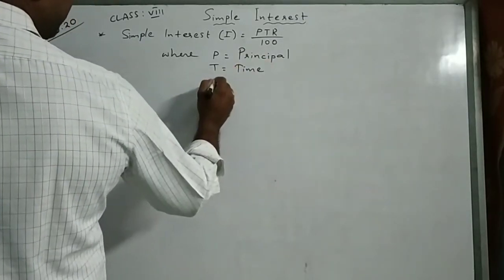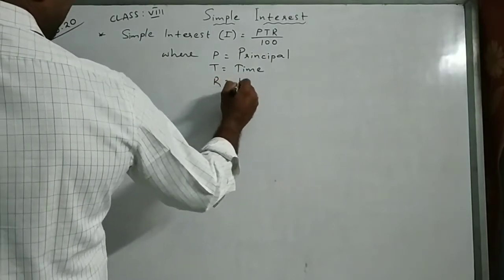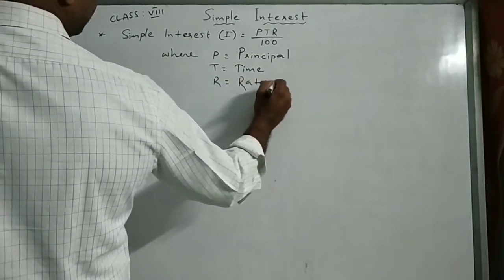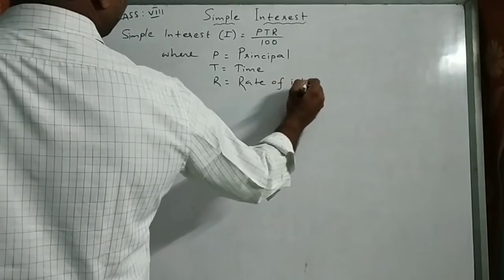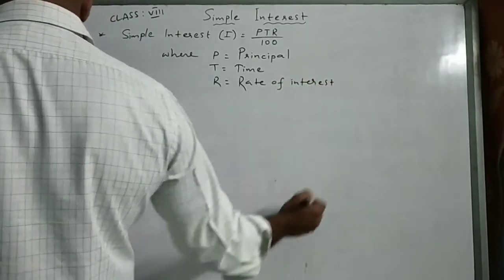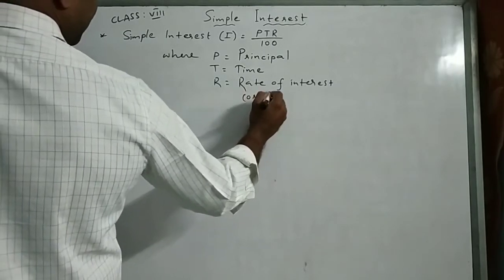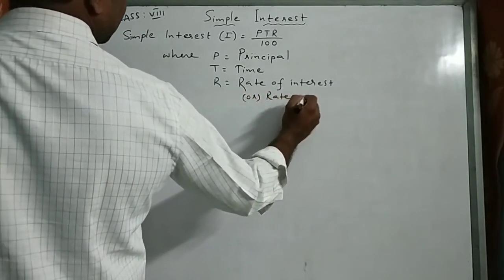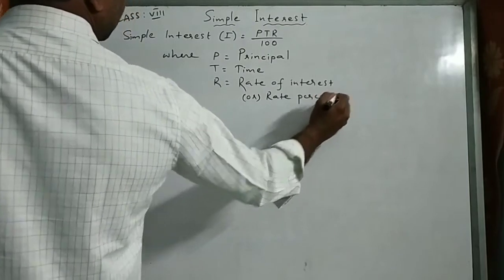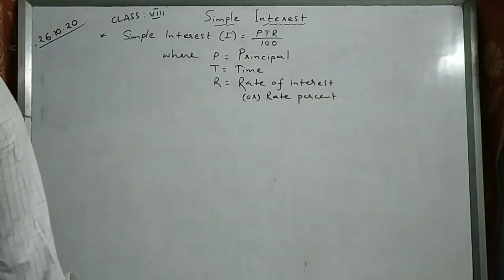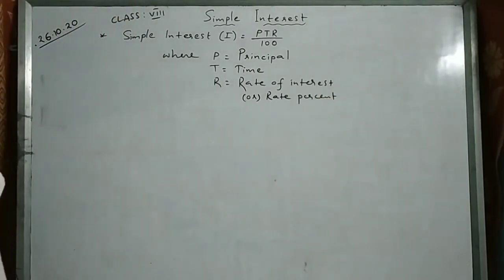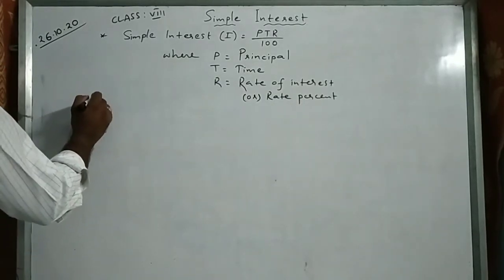Remember that in years we will take R, rate of interest, or rate percent also, rate percent. Okay, that is for finding simple interest I equal to PTR by 100.